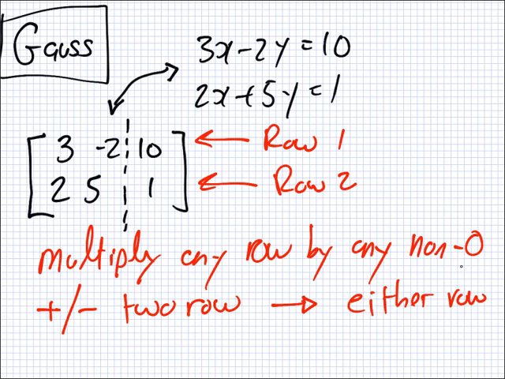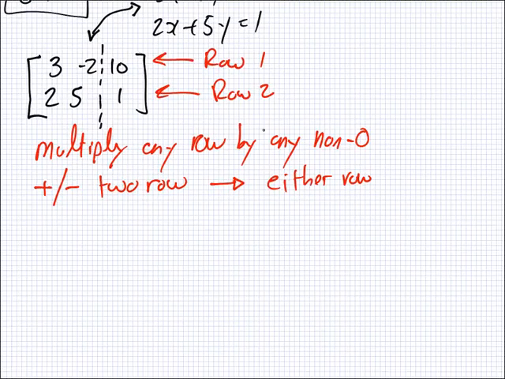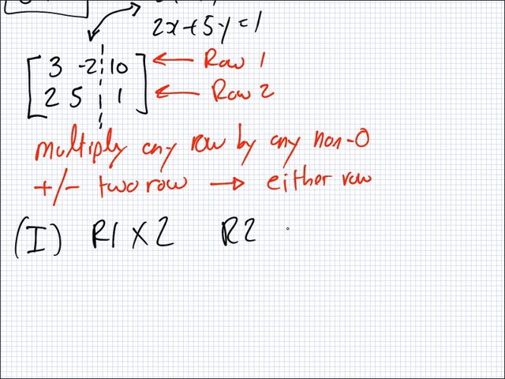Now, I'll explain with the example. We'll see. So what I need to try and do first is I need to try and make these the same. So my first step, step 1, is I'll do row 1 multiplied by 2, and row 2 multiplied by 3. And what do I get?